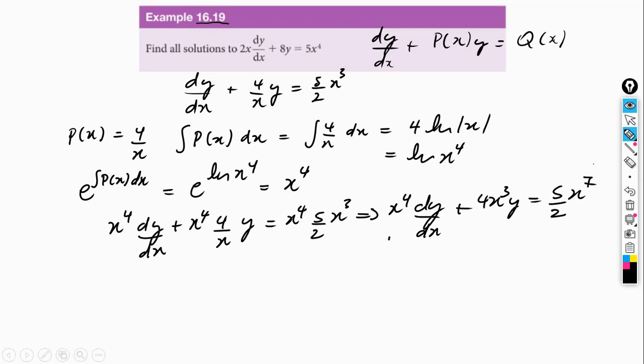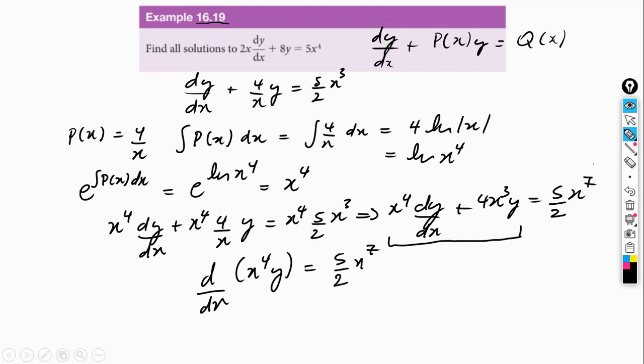So notice that here we have the product rule of the derivative of x to the 4 times y. So we can rewrite this as the derivative of x to the 4 times y on the left-hand side is equal to 5/2 x to the 7.